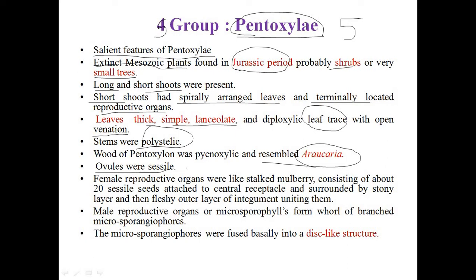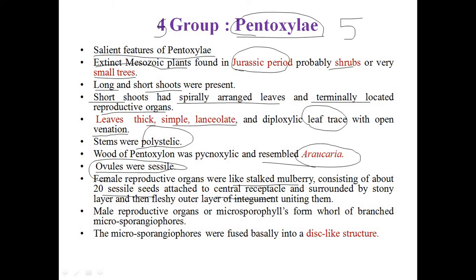Sessile ovules are present when reproductive structures were observed carefully, and the female reproductive organs were like a stalked mulberry, in which 20 sessile seeds are attached to a central receptacle.